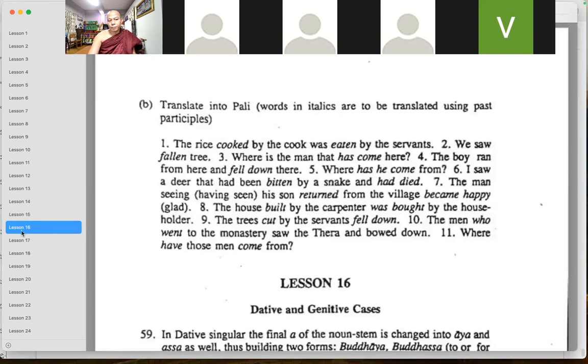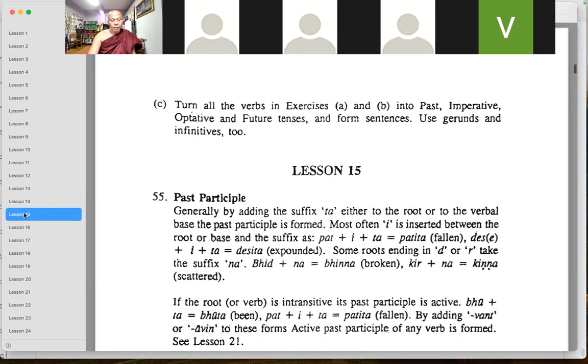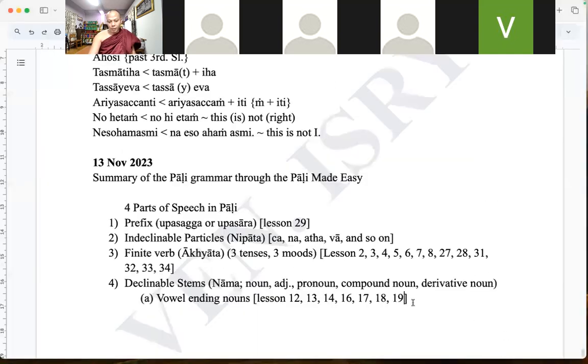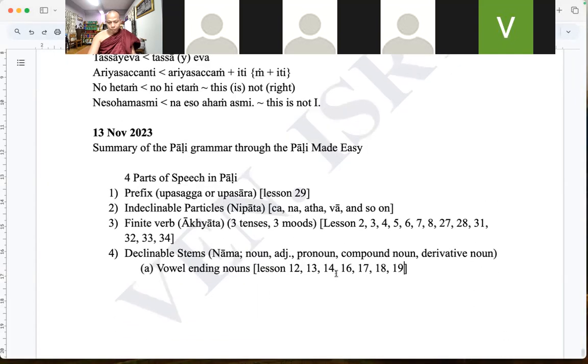And then lesson 16. Okay, so lesson 15 also we should put under the vowel ending, past participle.